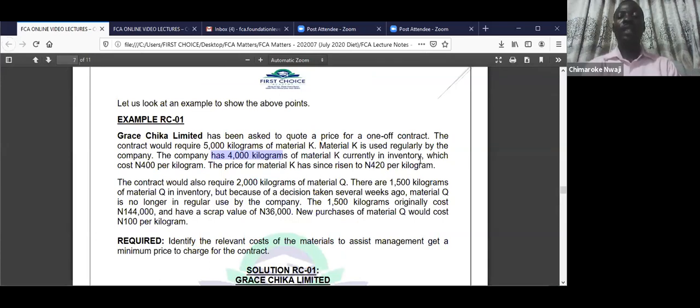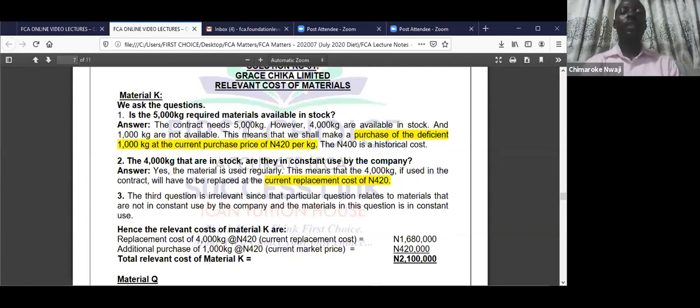We are told that the 4,000 kg in inventory cost 400 naira. So this is a sunk cost. They now said the price for the material has since risen to 420. So this is more relevant because this is the current price. So we now say we will buy the remaining 1,000, a new fresh purchase at 420.